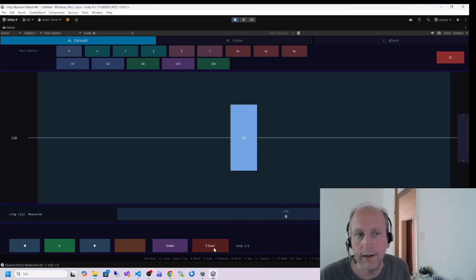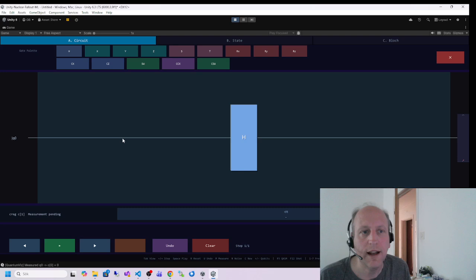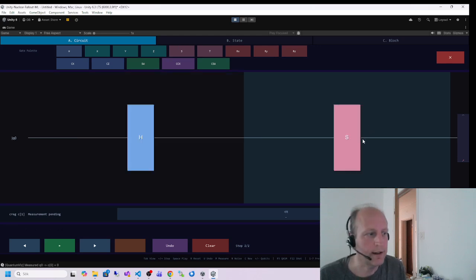Let's clear this. I add a Hadamard gate again, and now I add an S gate. What the S gate does is rotate the state 90 degrees around the Z axis, and you can see this on the Bloch sphere.